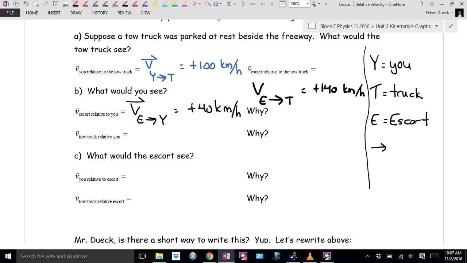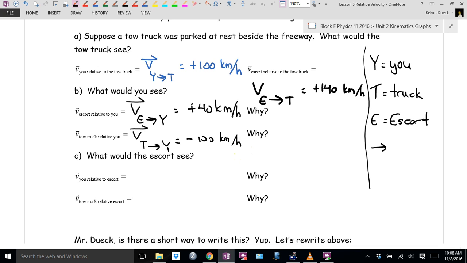We would say that the relative velocity of the tow truck relative to you would be negative 100 because relative to you, it's moving backwards. You're leaving it in the dust. Is that okay? You've got to kind of imagine each situation here.